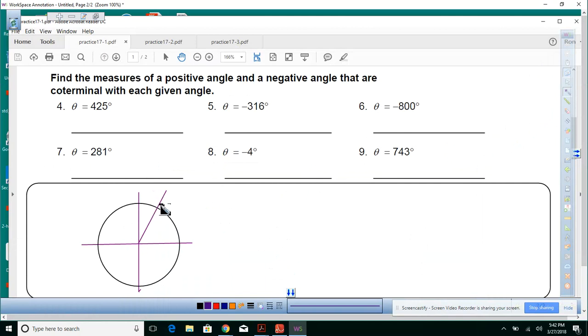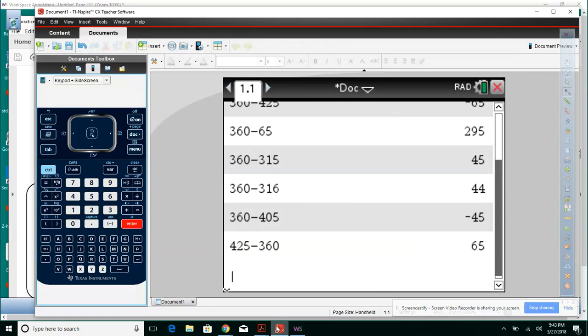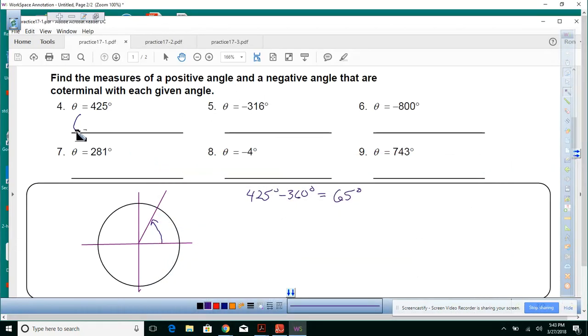So how far is it from here to here? Okay, that's going to be 425 degrees minus 360 degrees, and that's going to give you 65 degrees, right? That's what we found on the calculator a minute ago, right? Yep, 65. So our first one is 65 degrees.